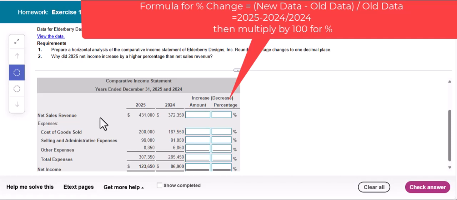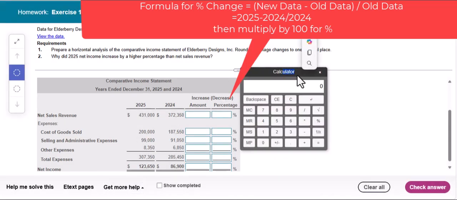So for net sales revenue, that is 431,000 minus 372,350. So let me get our calculator open for that. We can tell it's increasing just by looking at it, but the amount it increased by is 58,650. So we can go ahead and input that there.